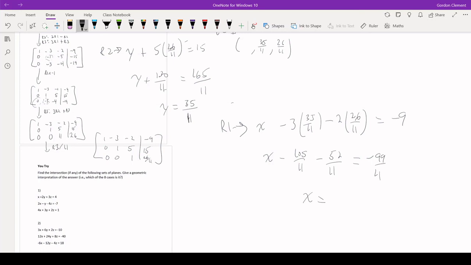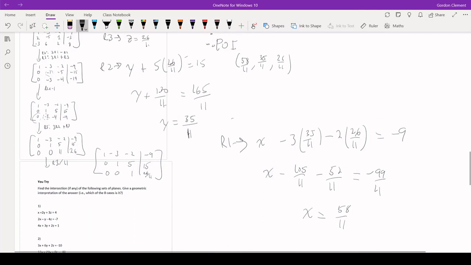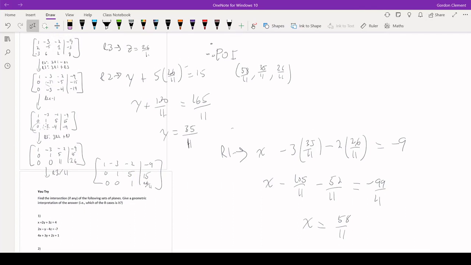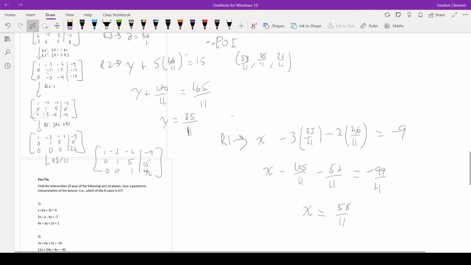So on the left side, I've got -157. I'm going to add that to the -99 on the other side. I get 58/11 for my x value. So that's going to fill in, and that's my super annoying looking point of intersection, but at least it's done. So there we go. So that's my first example.